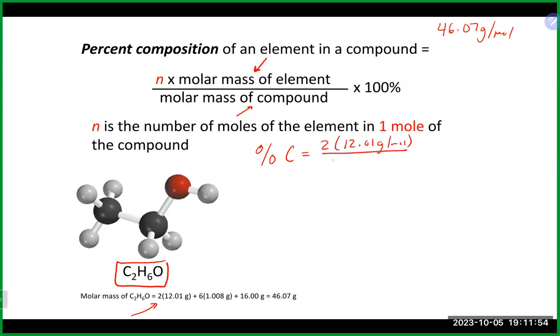We would divide it by the molar mass of the entire compound, and multiply it by 100%. That would tell us, based on mass, that carbon is about 52.14% of the compound by mass.